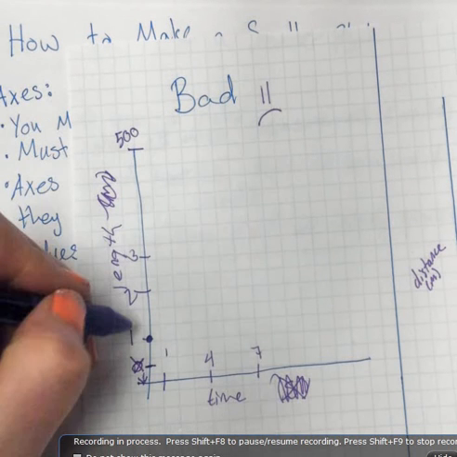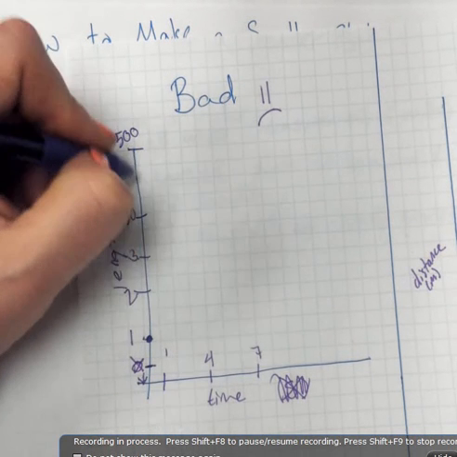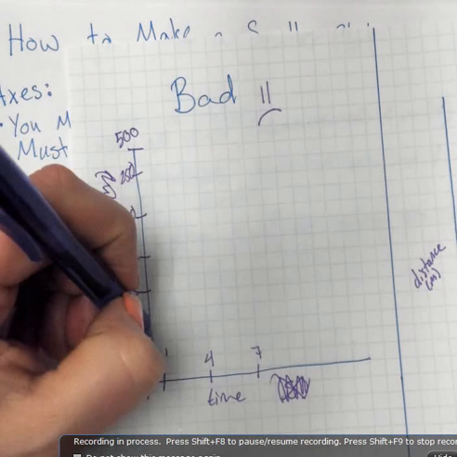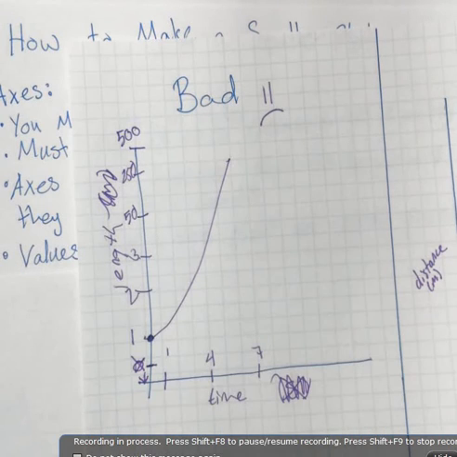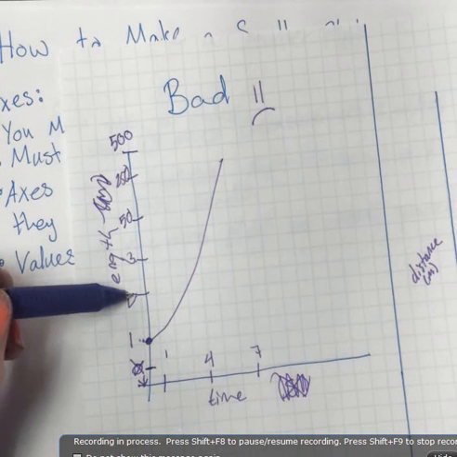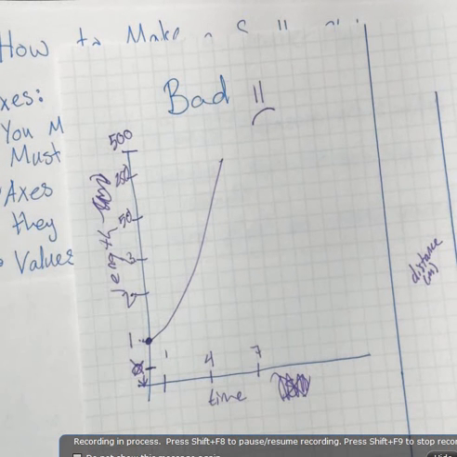And so you have 1, 2, 3, 50, 250, and then your data goes like this. That's bad, because there's more space between this 1 and 2 here than there are between 3 and 50, and that's not actually representative of the way that you might actually see data.